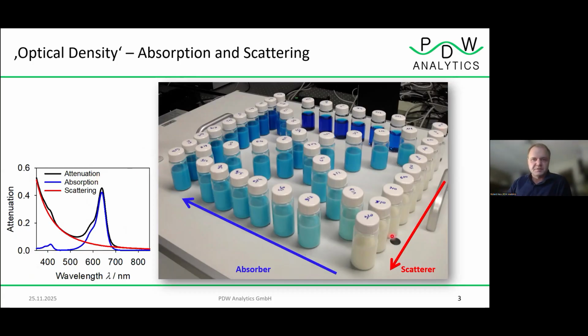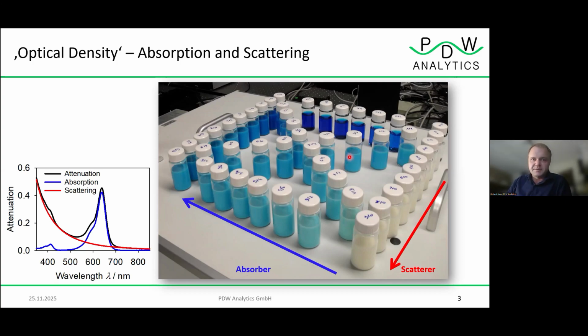This is visualized here in this array. Scatterer concentration goes up here and absorber concentration goes up there. So there are some samples, like this one here and this one, which optically look exactly the same. They have the same optical impression, but their chemistry, their physics, their composition and everything is completely different.